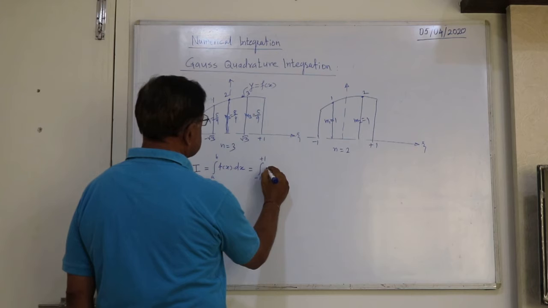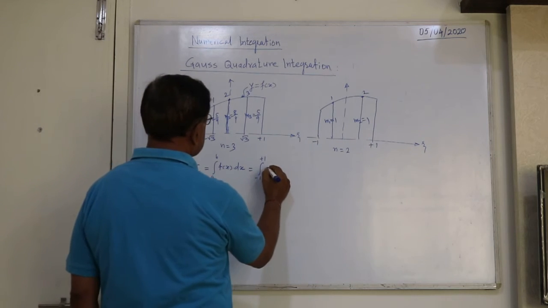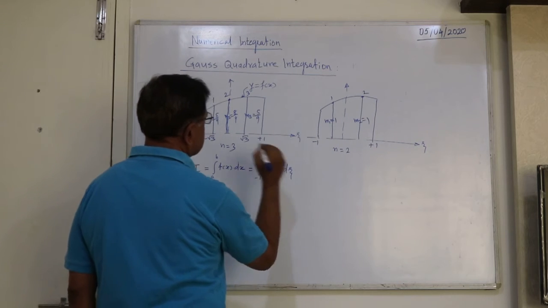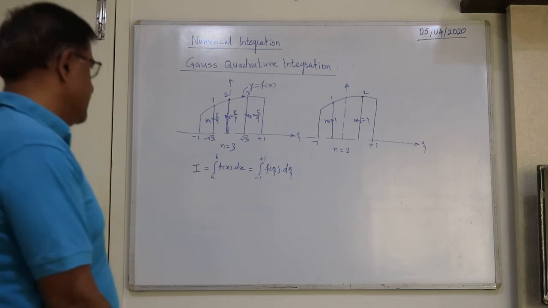So this is f of xi dxi. That means we have to convert first f(x) to f(xi).